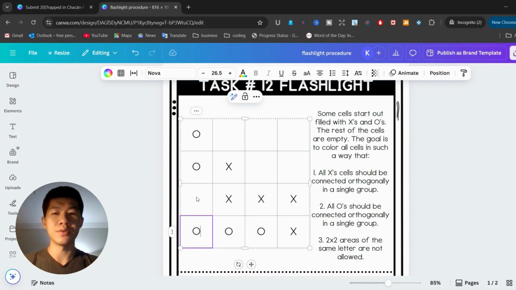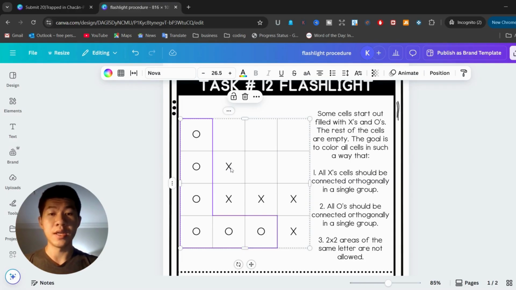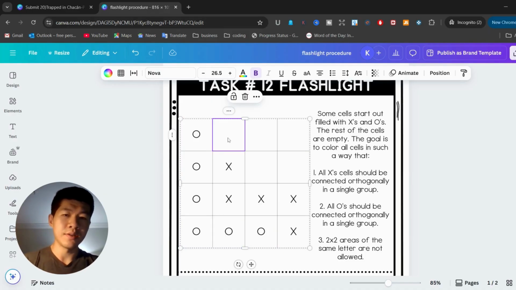This would have to be an O, and then this would have to be an O. So now these O's right here are connected with one another, and so far, all the X's are connected with one another. So far, so good. I can fill this out with either an O or an X.